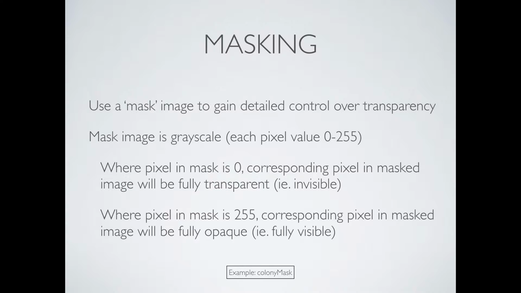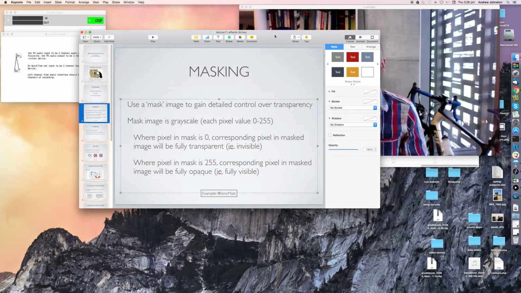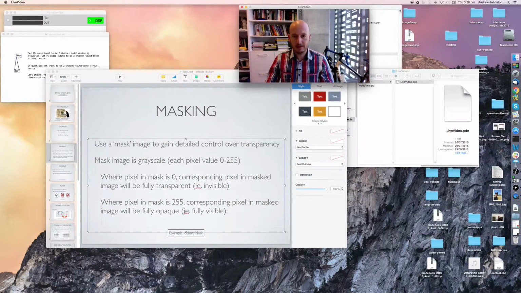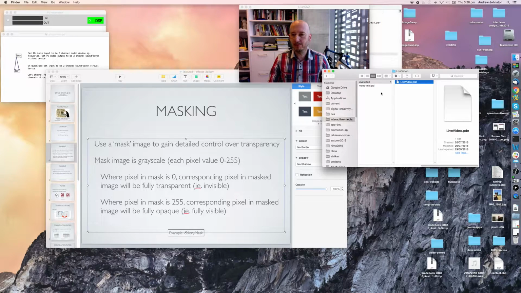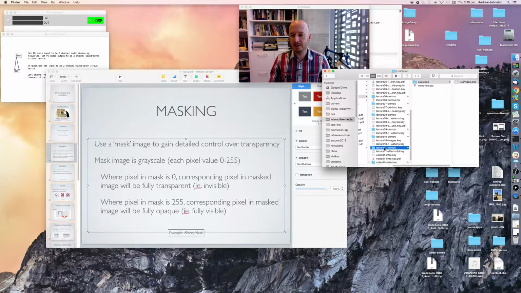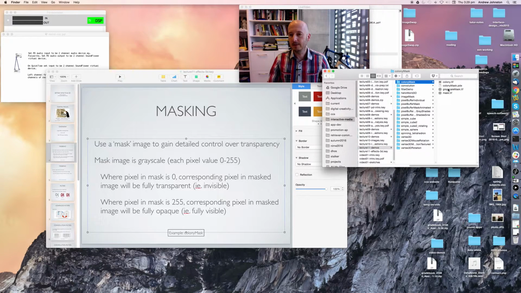Conversely, where the pixel in the mask is 255 or white, the corresponding pixel in the masked image will be fully opaque, that is fully visible. It's a bit hard to conceptualize that, but it's much easier to see with a demo. So let's take a look at that.